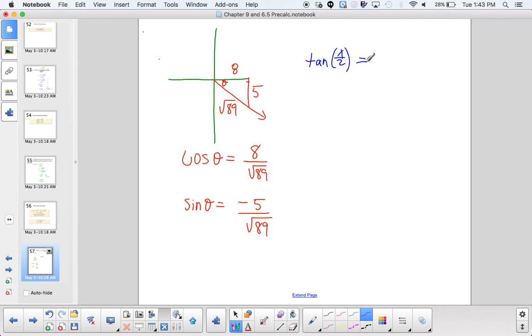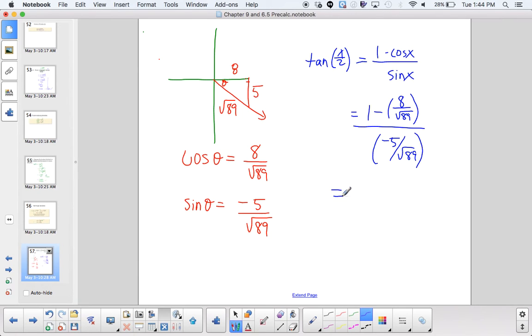And we know that is 1 minus cosine of x over sine of x. Okay, and so we say 1 minus 8 over the square root of 89, just plugging in values here, divided by negative 5 over the square root of 89.